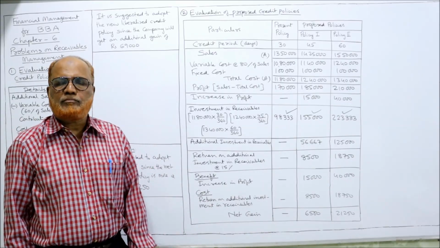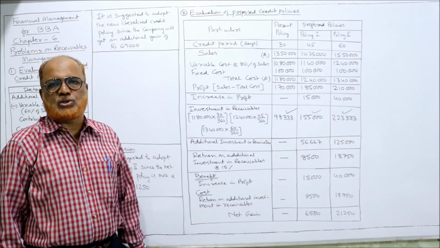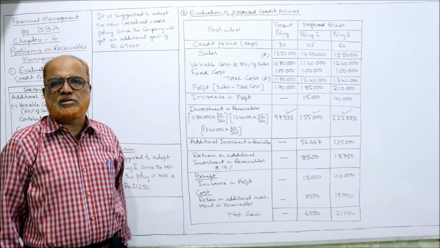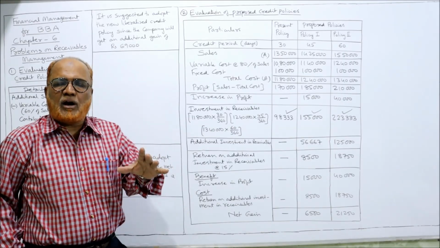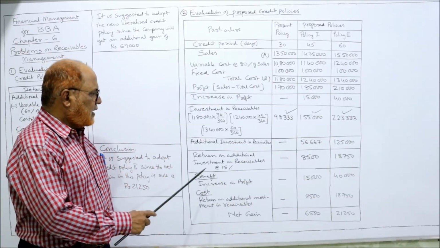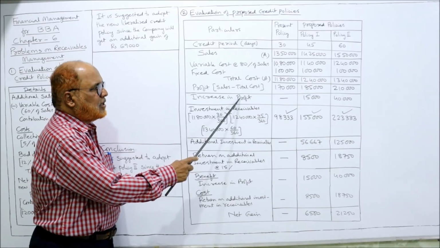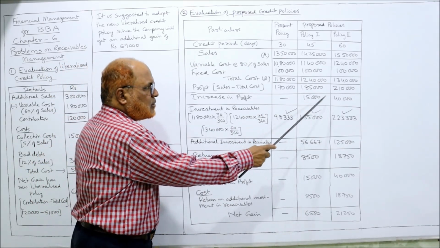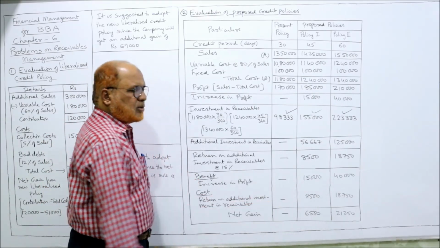That's all. So we are having benefit and also we are having cost if we adopt the proposed policy. Now we make a trade-off, a set-off. We'll see how much is the benefit and how much is the cost in each proposed policy. Here, the benefit is the increase in profit. How much is the increase in profit? 15,000 and 40,000.